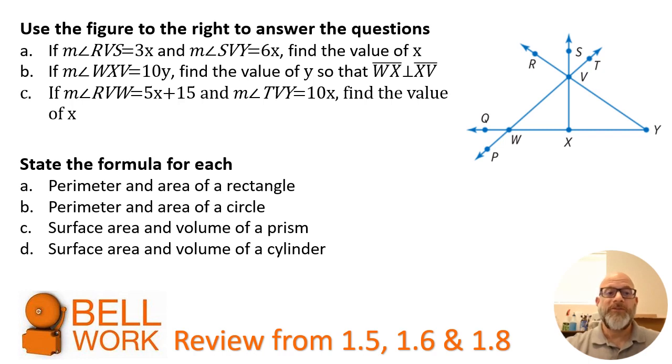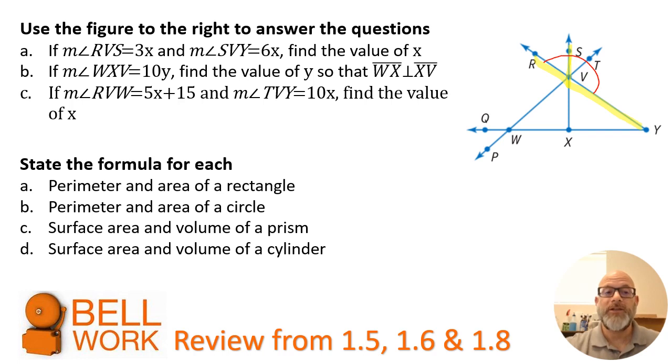A, if the measure of angle RVS is 3x and the measure of angle SVY is 6x, find the value of x. Well, here's angle RVS, and here's angle SVY. So you see if you put these two angles together, you've got a set of supplementary angles. In fact, you have a linear pair.